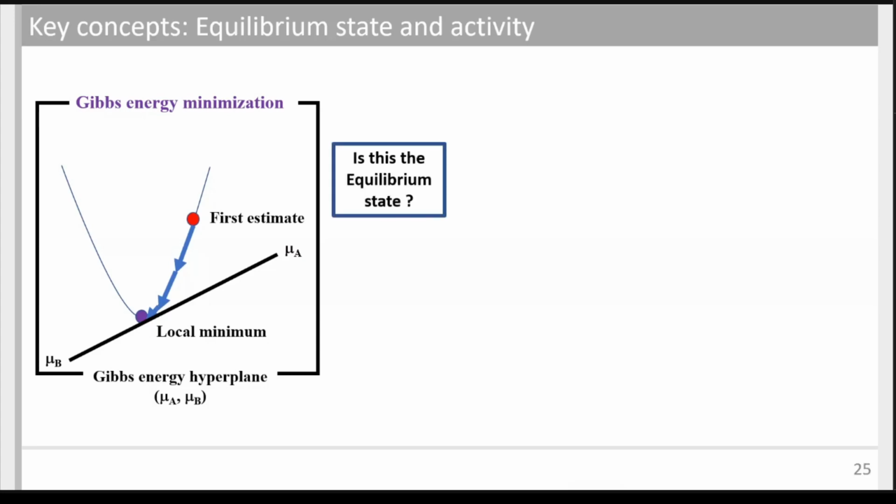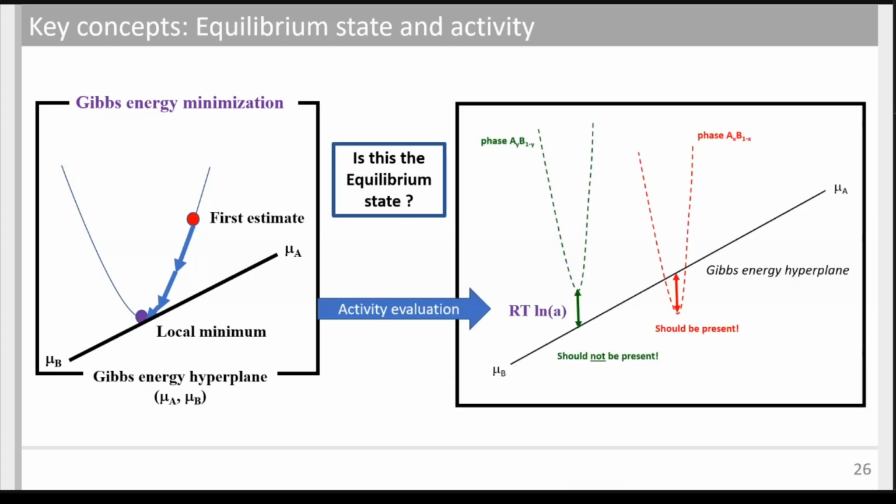So if I want to answer the question, have we reached the equilibrium state in our system, we need to look at the activity of all the phases that may form in your system. And then two scenarios can occur. In the first scenario, which is the normal one, when we do reach an equilibrium state, all the phases that are not in the phase assemblage will have an activity smaller than 1, which is quantified by the distance between the point that I'm putting here and the Gibbs energy hyperplane.